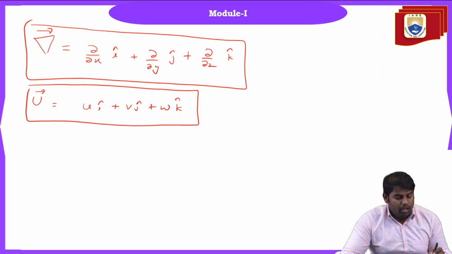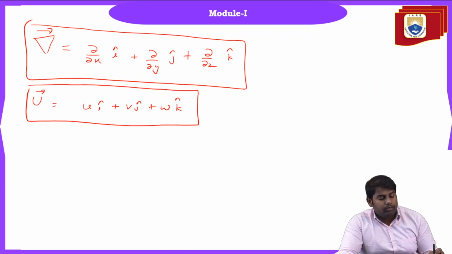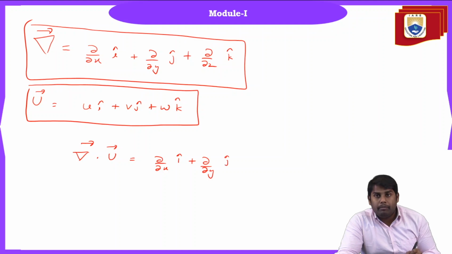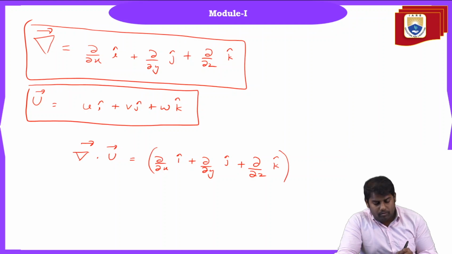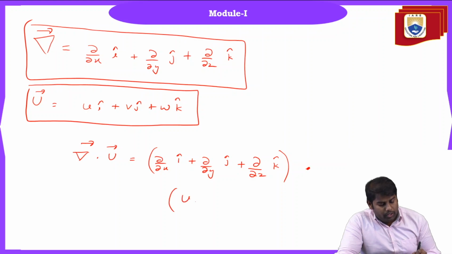Now when we do the dot product of these two vectors, del bar dot u bar, which is equal to dou by dou x of i cap plus dou by dou y of j cap plus dou by dou z of k cap, dot product of u of i cap plus v of j cap plus w of k cap. Fine.